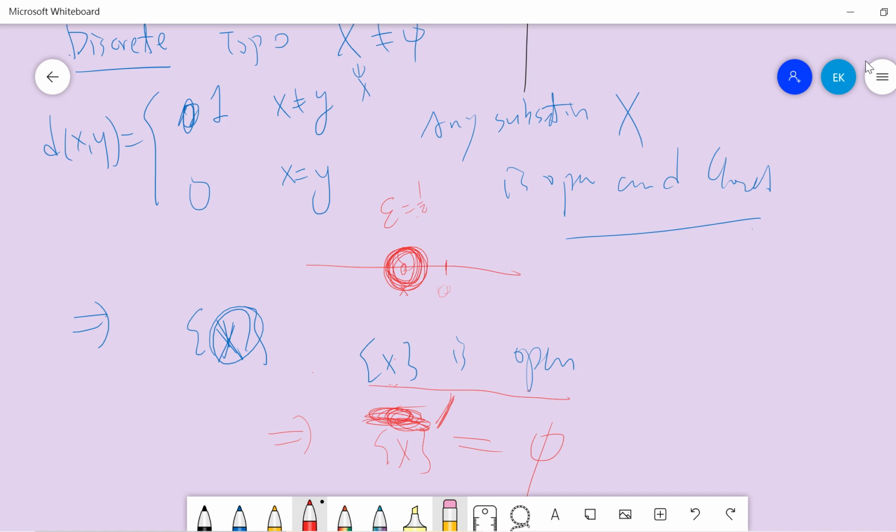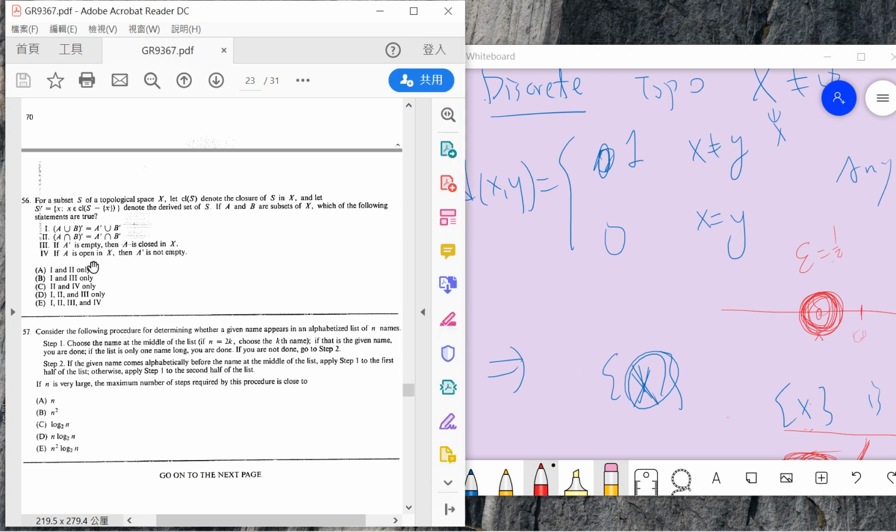So once you kill one of them, there's no other point which can approach this point, right? So the first statement is false. So the correct statements are the first one and the second one. So the answer is B.